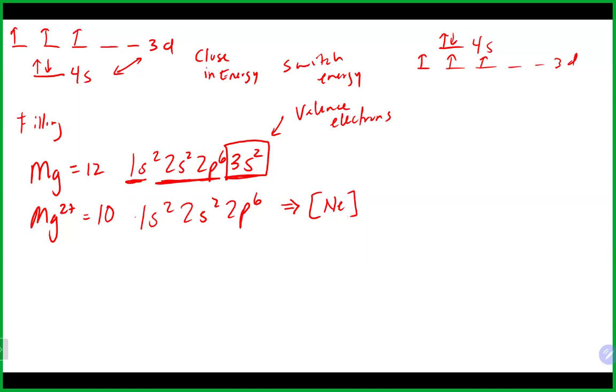One of the things we talked about when we discussed nomenclature and bonding is the idea that the whole purpose of bonding is for everybody to achieve that noble gas configuration in terms of electrons. That's what we see here when ions are formed.